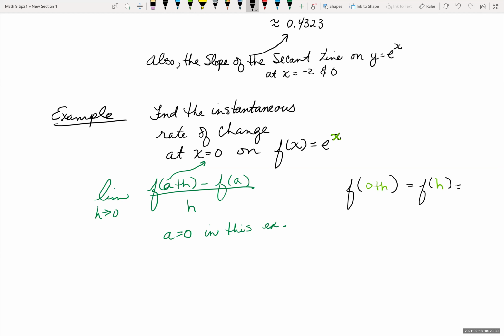And so we have e raised to the x power. So instead of writing the x, we're going to replace it with the h. Okay, so far we have the limit as h goes to 0 of this piece, which we just found to be e to the h power, minus f of a. So again, a in our case is 0. So we need to find f of 0.